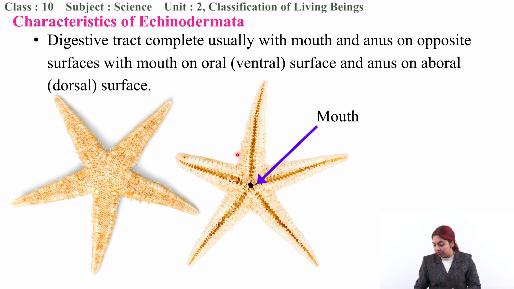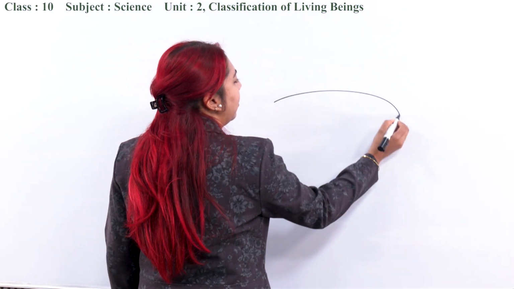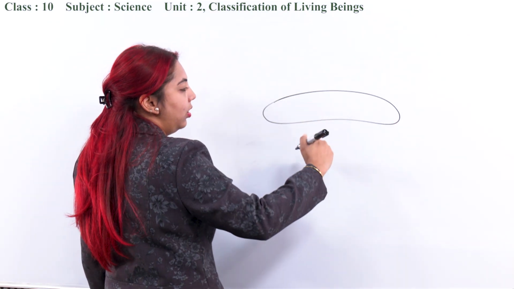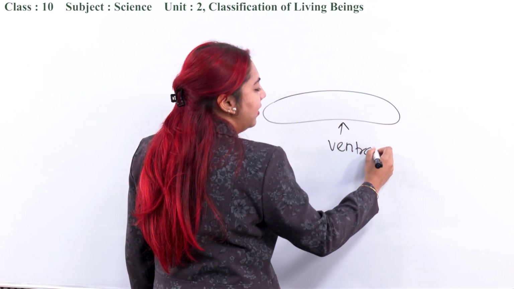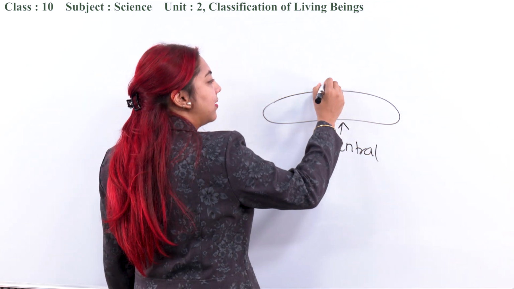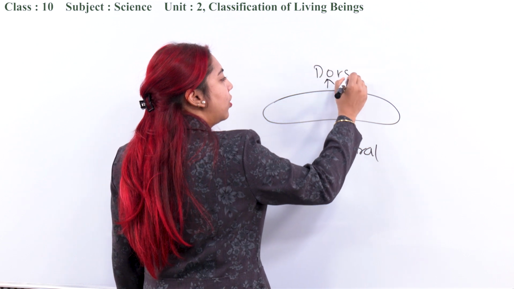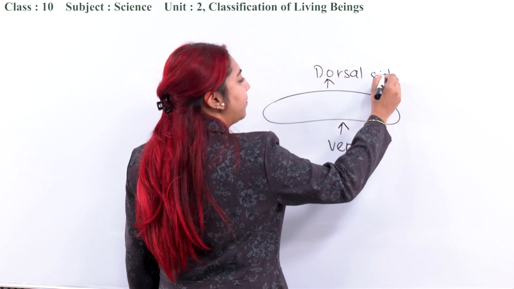I've already shown you what ventral and dorsal mean, but I'll revise it again. If this is an organism, then the lower portion is the ventral side, and the back side is known as the dorsal side.